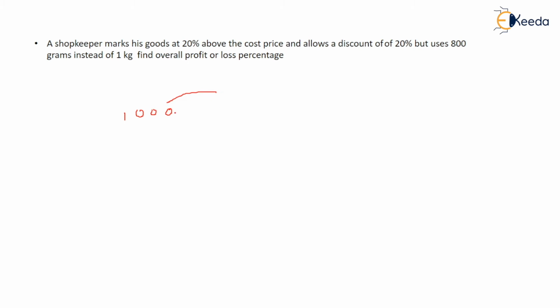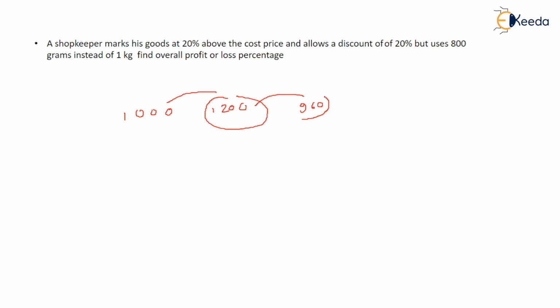Instead of 1000 rupees, he will charge 20% more, means 1200. Now he says, I'm a kind hearted person, I will give you 20% discount. That means at 80% rate he is selling to you. So 1200 into 80 percent comes out to be 960.